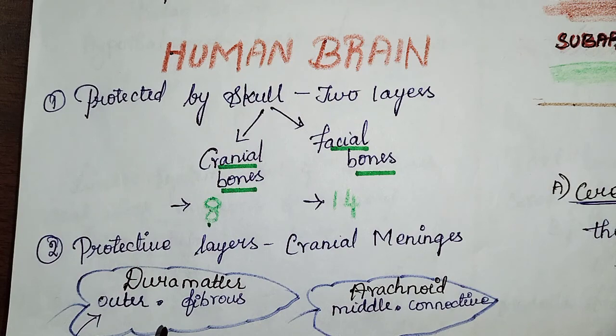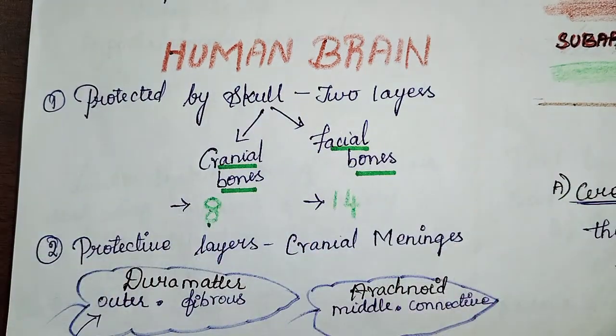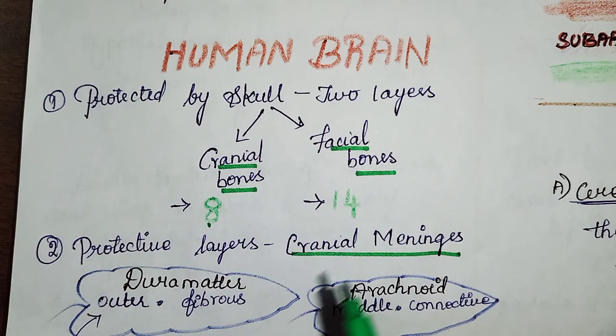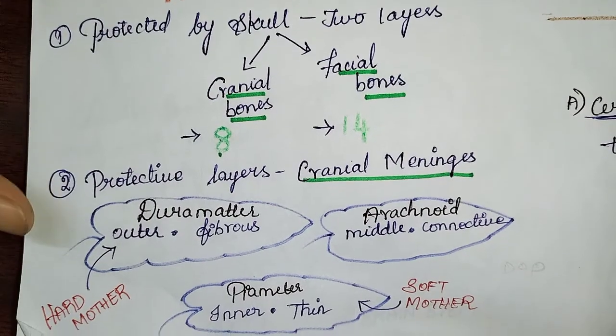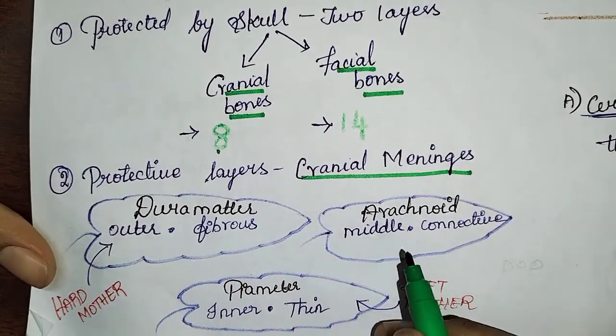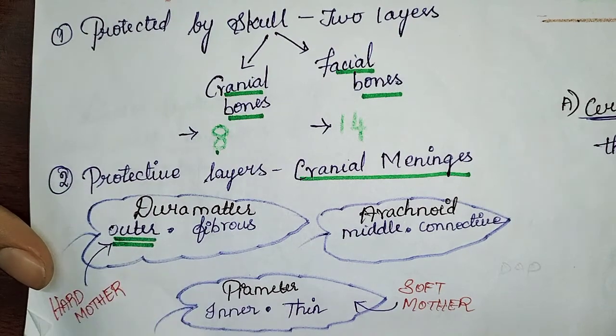Okay, protective layers. Below these bones we have some fluid layers. We call that the cranial meninges. What are the protective layers below the bones? They are the cranial meninges. The cranial meninges are again of three layers: dura mater, arachnoid mater, pia mater. This is the outer part, middle, inner.